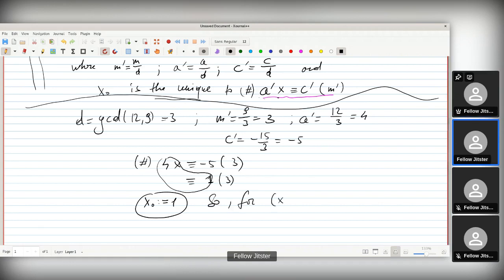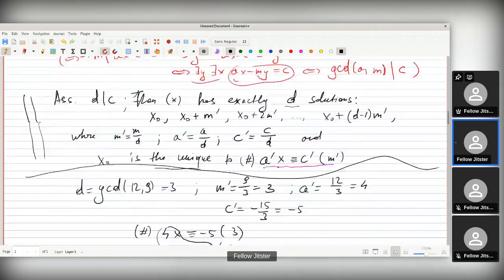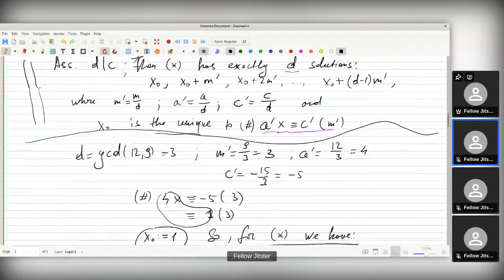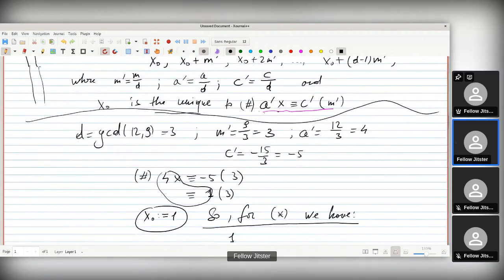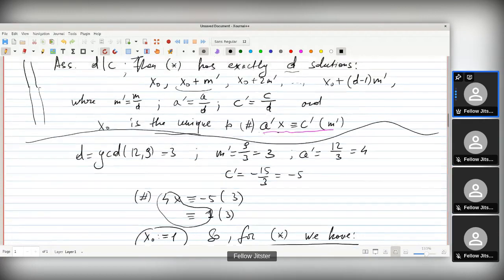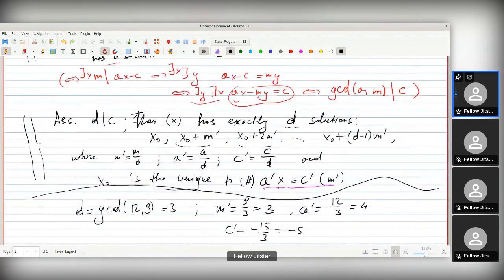Yeah. So for the original congruence, we have what? x0 equal to 1, which is a solution. Also the same plus m prime, 1 plus 3, and the same plus twice m prime.